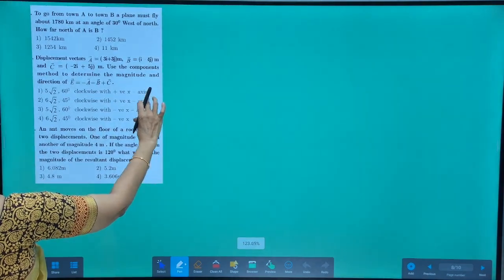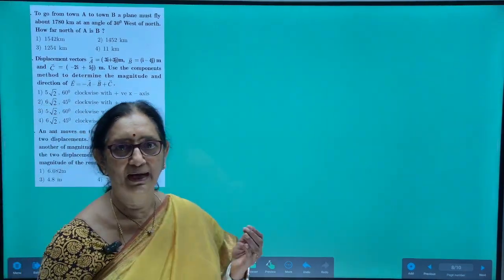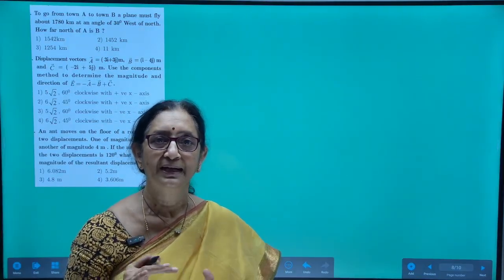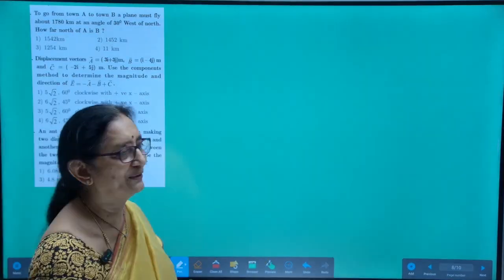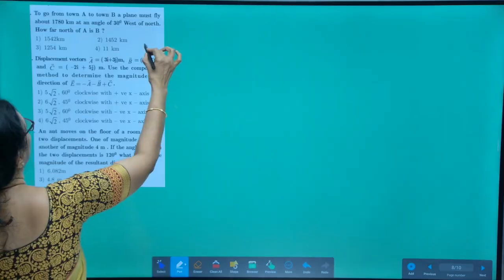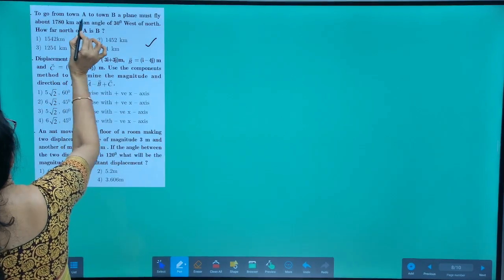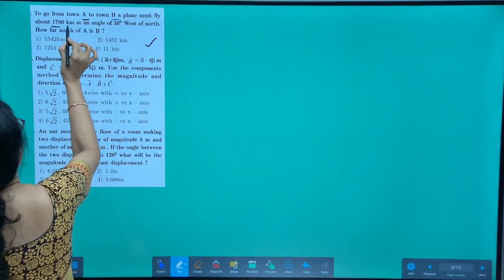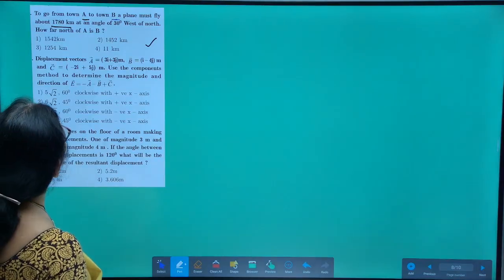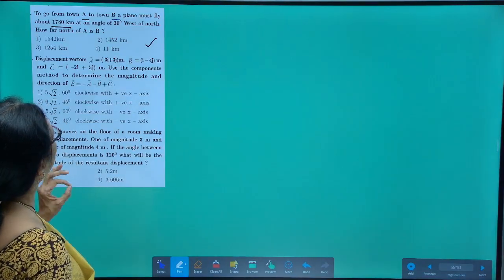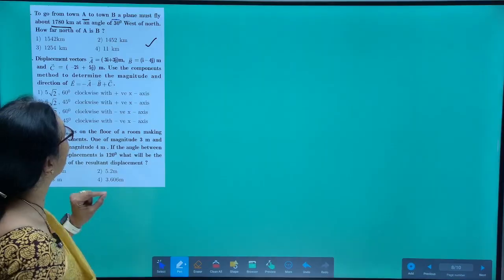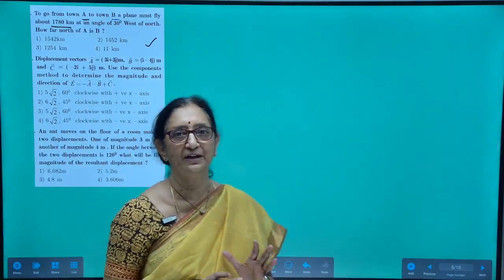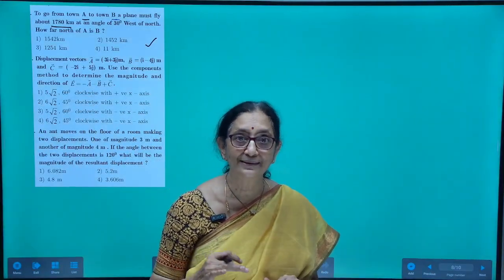Look here. Actually, we are looking into problems based on resolution of a vector into its components. Now, look into this problem. To go from town A to town B, a plane must fly about 1780 kilometers at an angle 30 degrees west of north. Here, sign convention is so important to understand the directions.